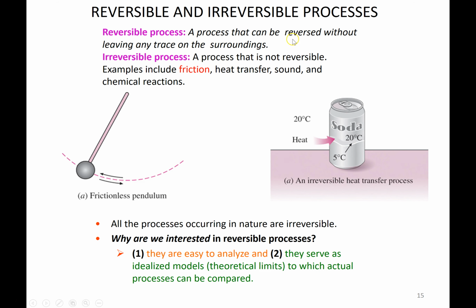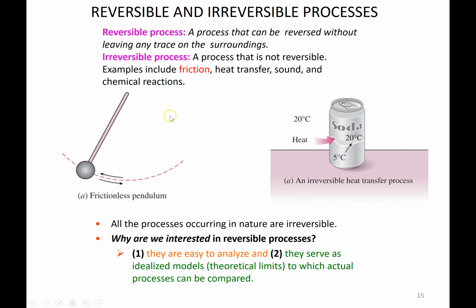Okay, so reversible and irreversible processes. Really all I want to talk about is that reversible processes can be reversed without leaving any trace on the surroundings. An irreversible process is one where there's friction, heat transfer, sound or chemical reactions, and you can't get that back. Like if you have a hot environment and a cold soda, it's going to heat that up.